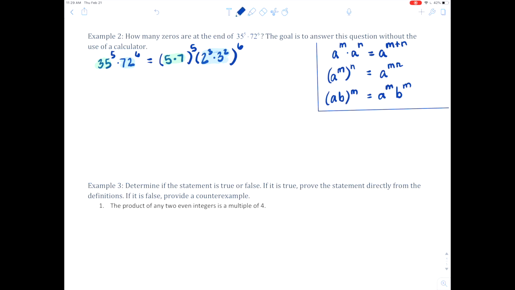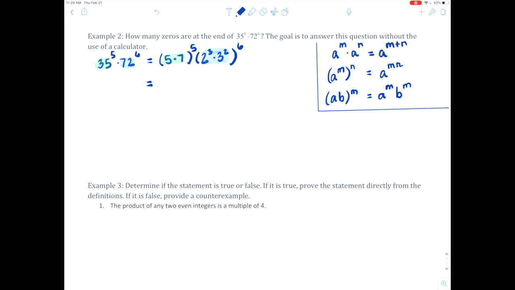But remember, our whole evil plan was we want to get the 2's and the 5's together, those factors. So let's go ahead and use the third line, right, to write this without grouping symbols.